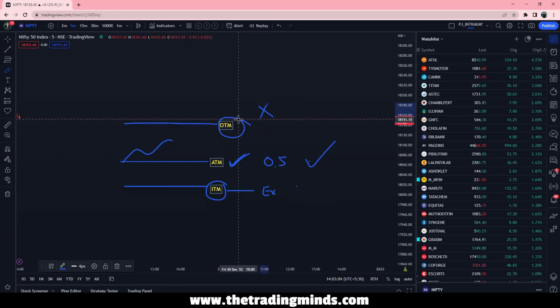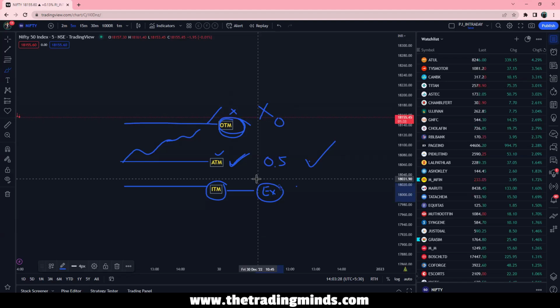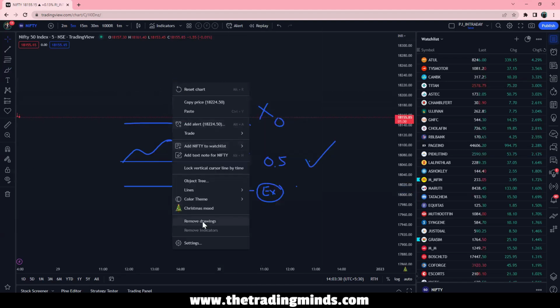You always know that at the end of the expiry date, if the price doesn't move above this level, then this option premium will become 0. That is the reason I always tell you to please avoid trading in OTM. Always trade in ATM, as well as ITM only on the expiry day, so that you will see very little premium decay.